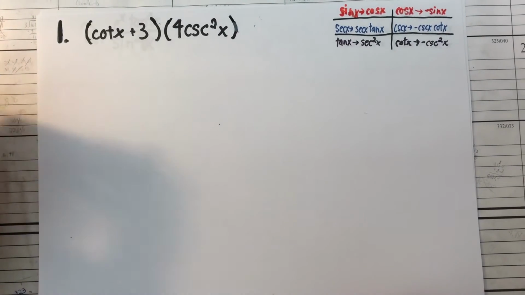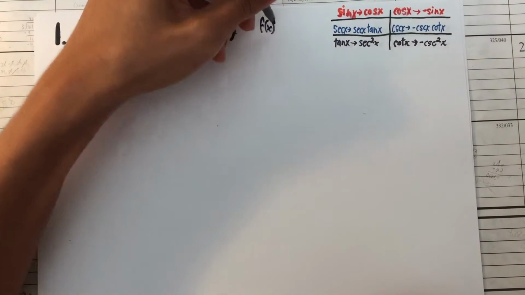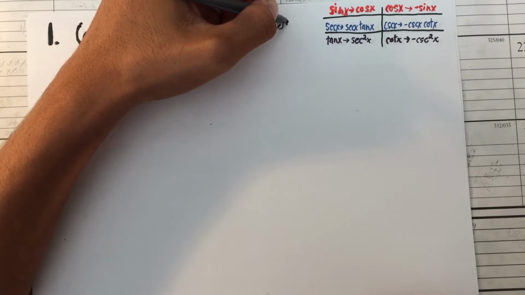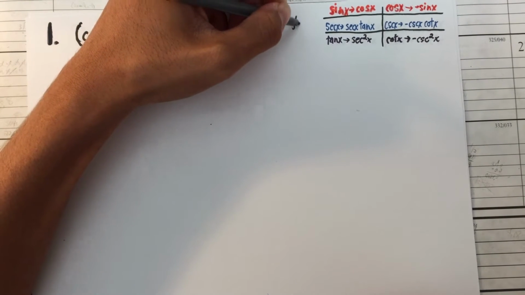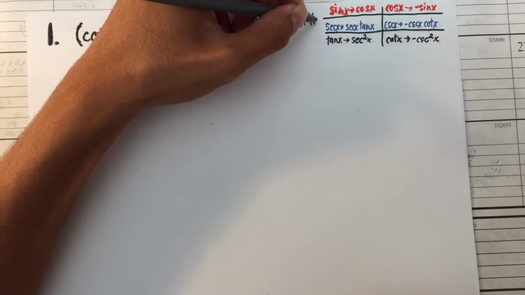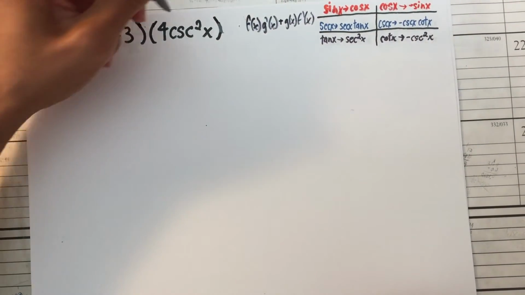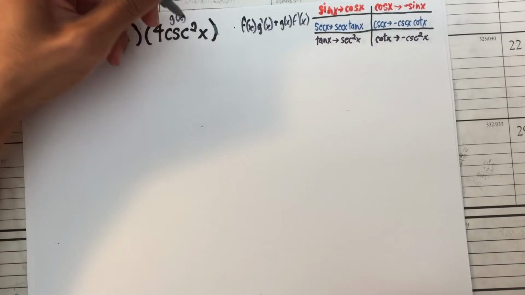So our first problem, we're going to be using the product rule, which is f of x times g prime of x plus g of x times f prime of x. So that's the product rule, and this is going to be our f of x, this is going to be our g of x.